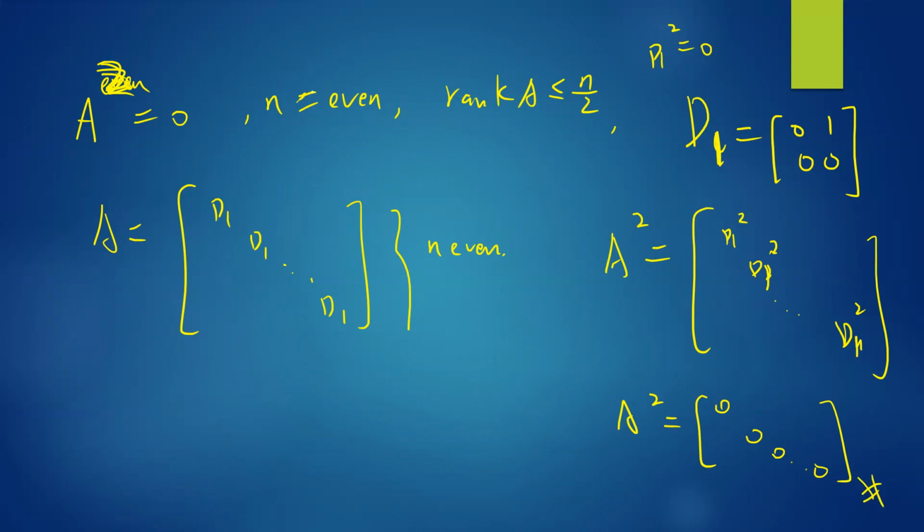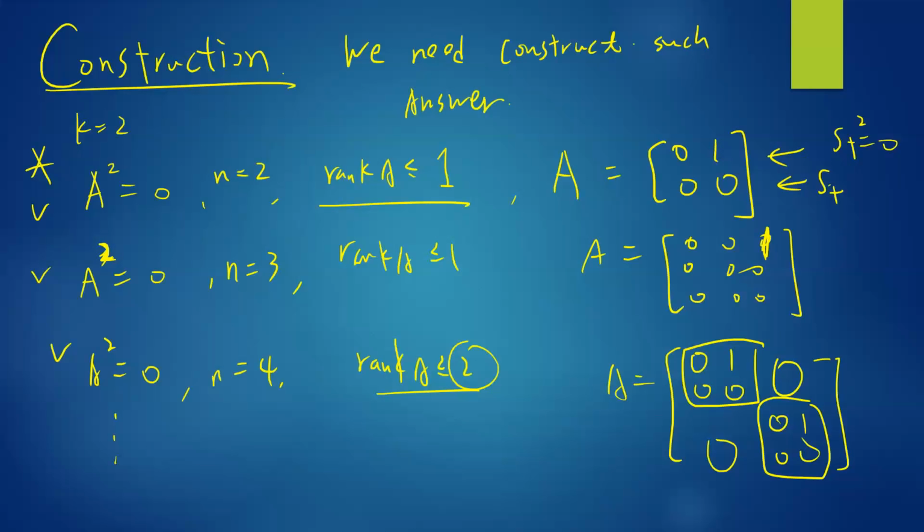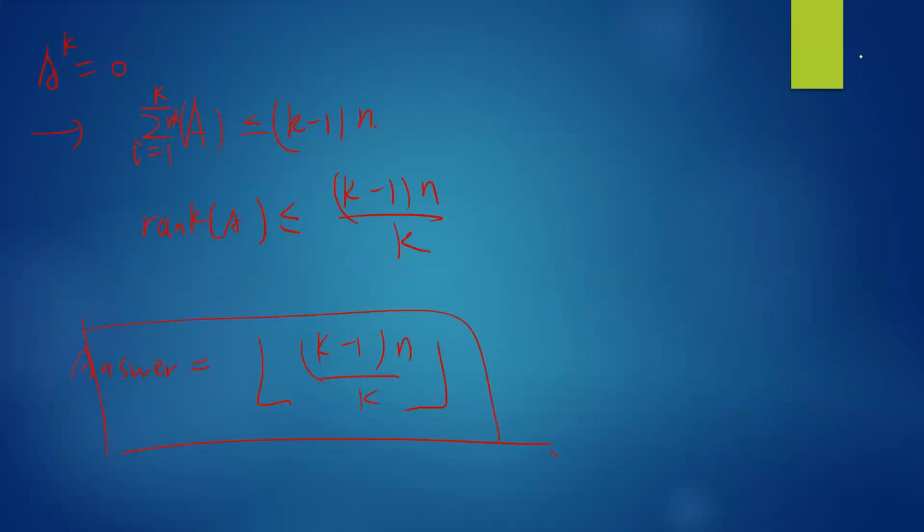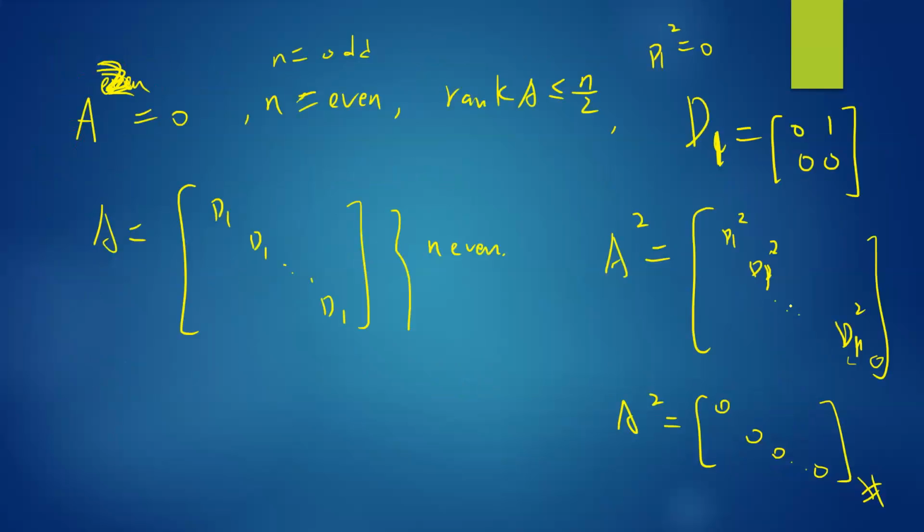If N is odd, you just do the same thing, and replace the extra part with 0. You just add a 0 here. So you'll be fine. You can construct, for example, N equals 3 like this.